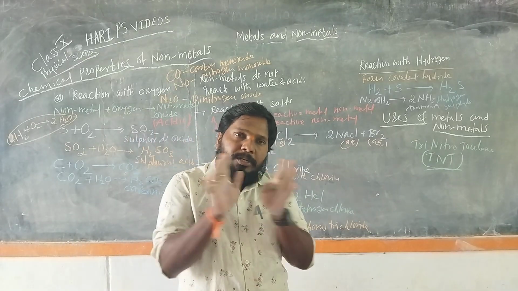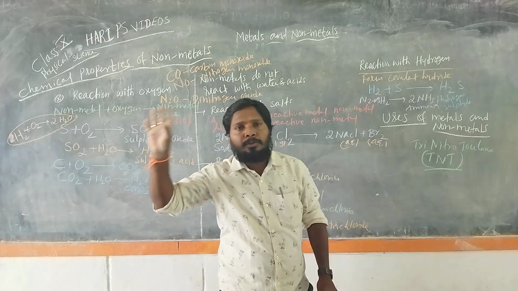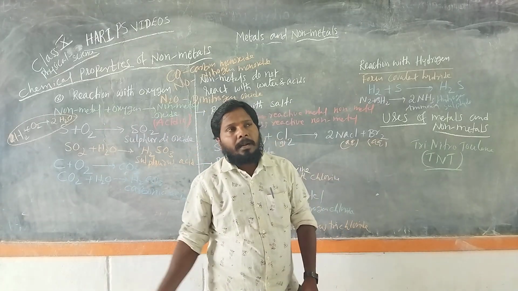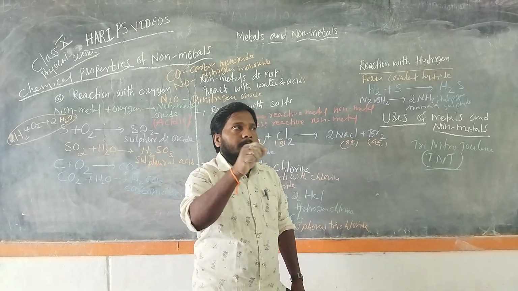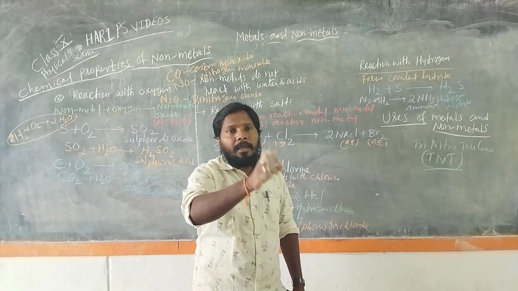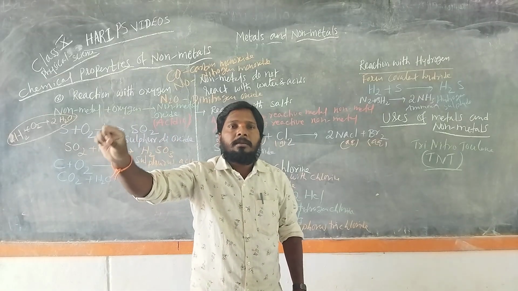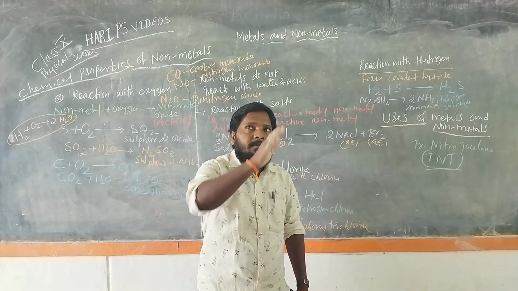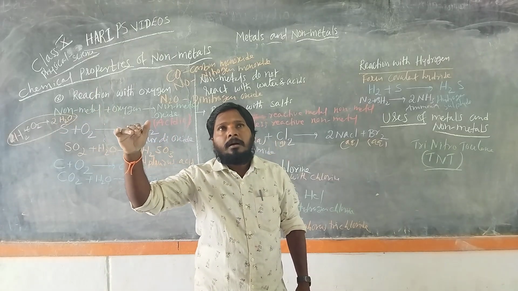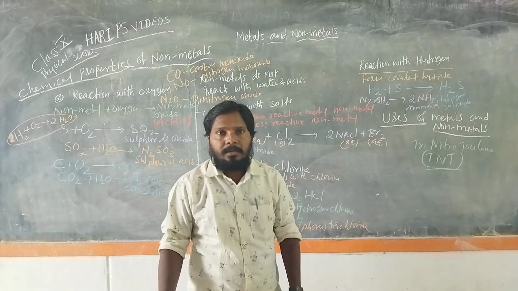From the examination point of view, do not write that metals are used or non-metals are used for this purpose or that purpose. Write the particular name of the metal, like aluminum foils are used in making wraps for chocolates, biscuits, whatever. Silver foils are wrapped around sweets.